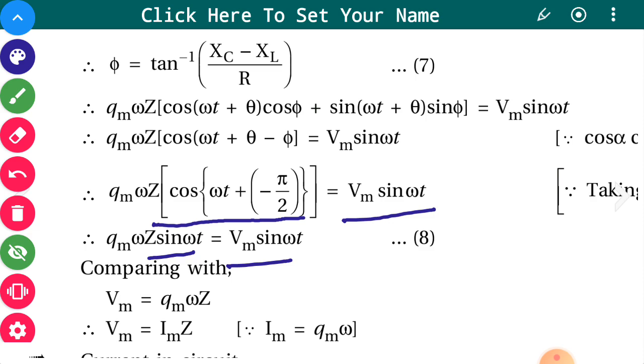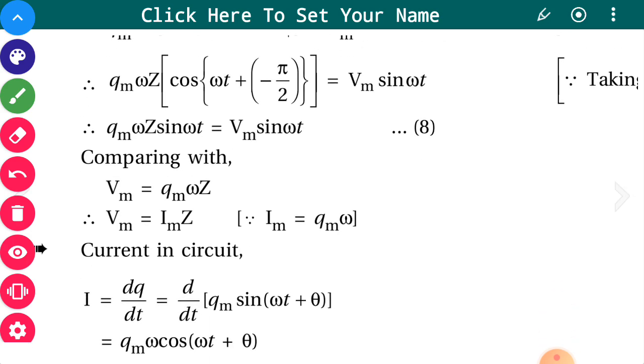So now here Vm is nothing but Qm omega Z. You compare: the maximum voltage is Qm omega Z, and Vm is equal to Im into Z. Vm is equal to what?